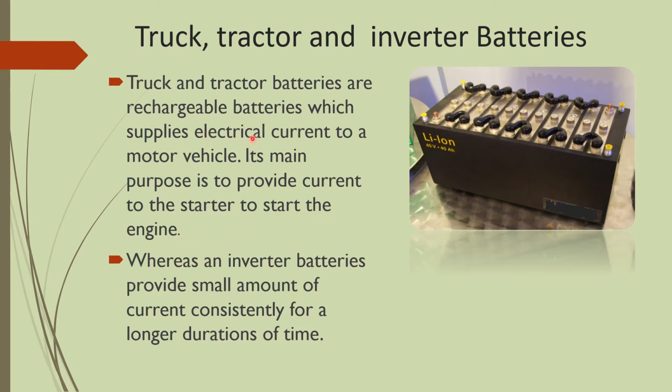Whereas inverter batteries provide a small amount of current consistently for a longer duration of time. Inverter battery, truck and tractor batteries are all rechargeable batteries. This way they are different from the cells or the normal batteries which we make from the cells.